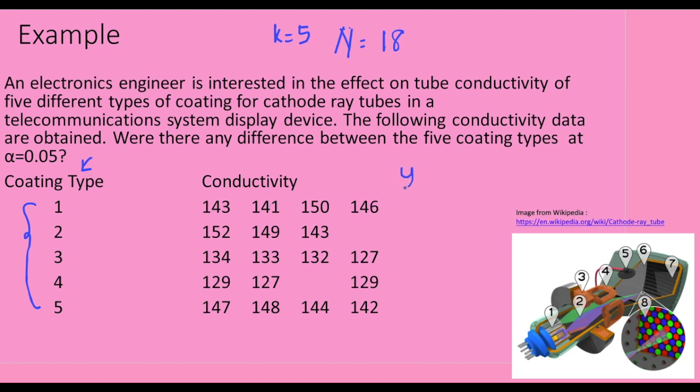Again, we need to find the yi dot, which is 580 in the first case. For coating type 2, you simply add 152 plus 149 plus 143 and you would get 444.